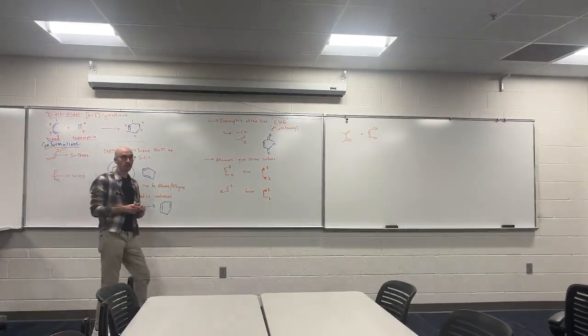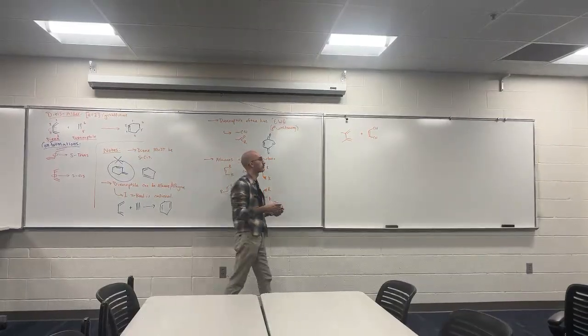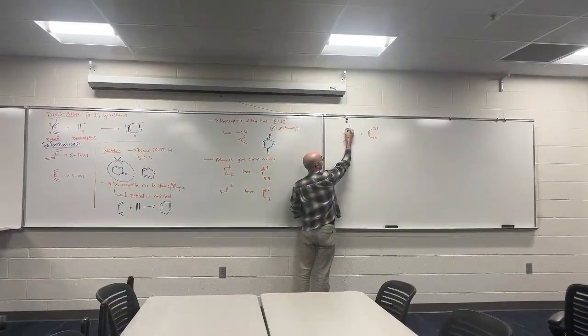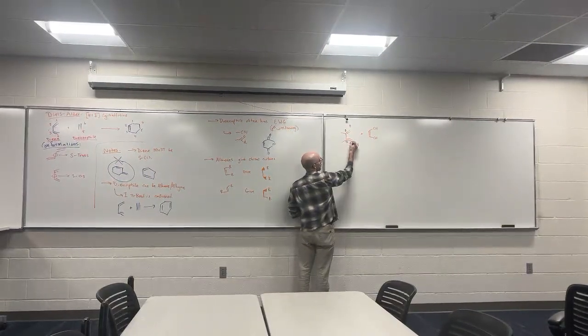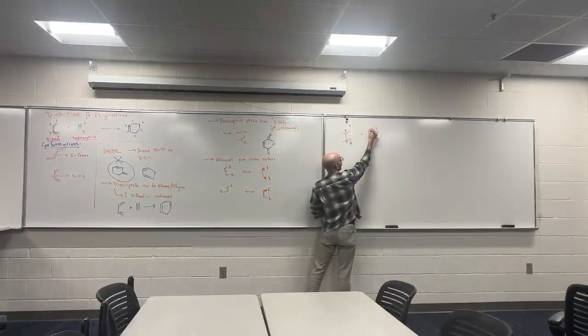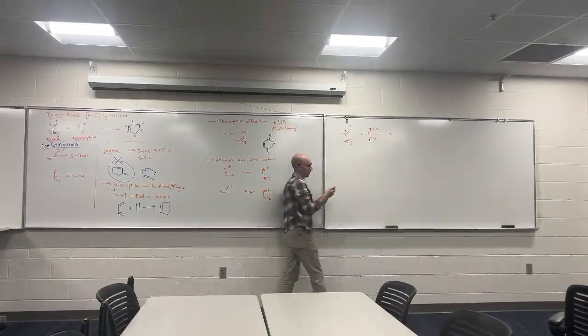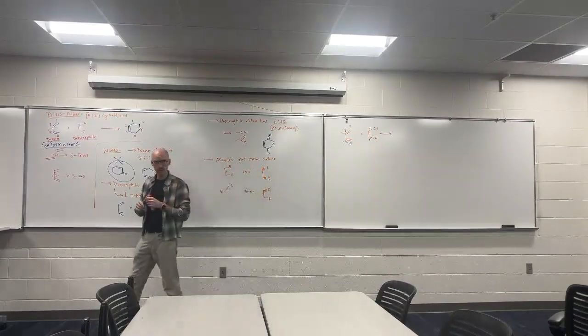First thing I'm going to encourage you to do is label carbons 1 through 6. You can always label the diene as carbons 1 through 4, the dienophile as carbons 5 and 6.